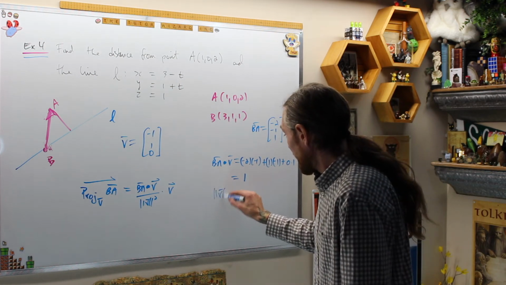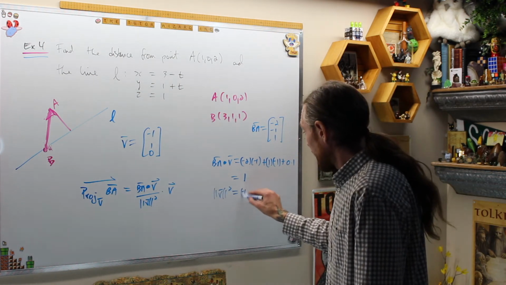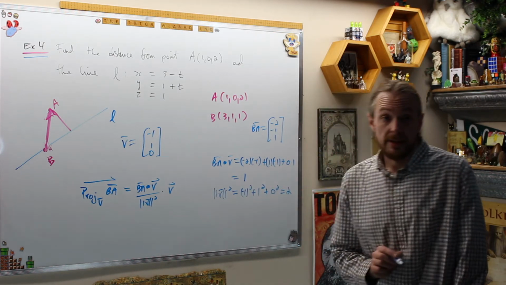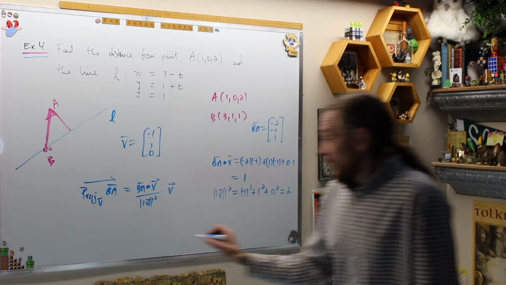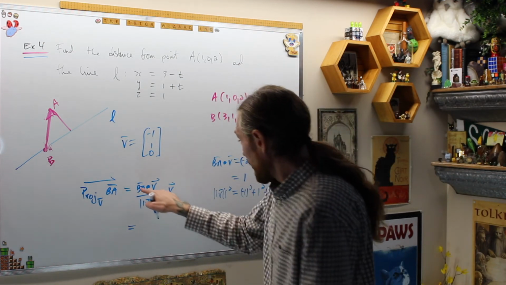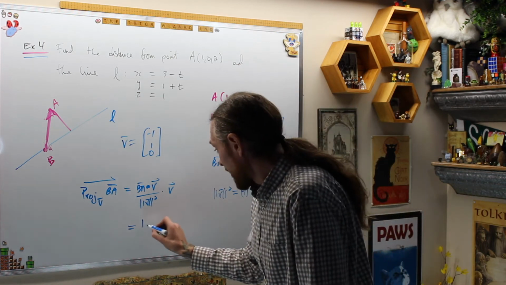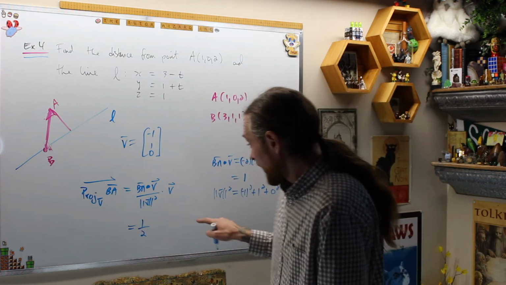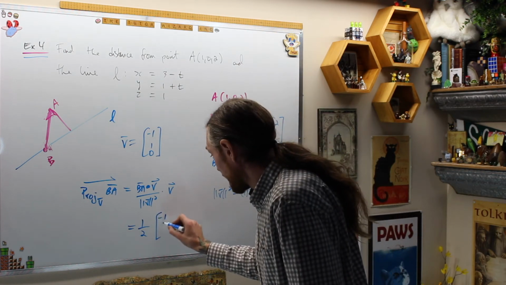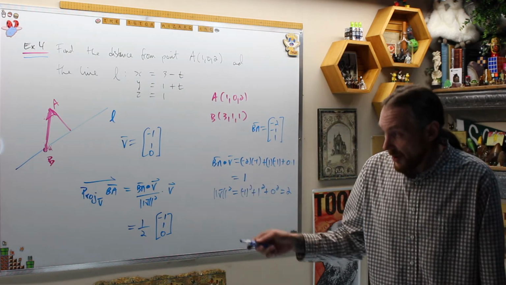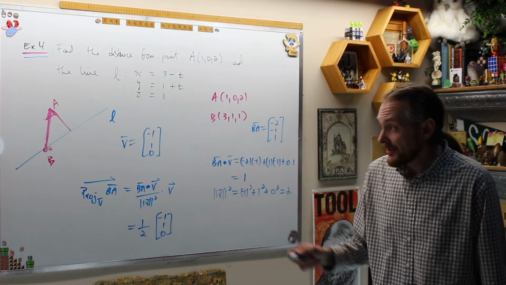The norm of V squared is going to be negative 1 squared plus 1 squared plus 0 squared, which is 2. Therefore, the projection of BA onto V is going to be BA dot V, which was 1, over the norm of V squared, which is 2, times V, which is (-1, 1, 0). That is the orthogonal projection of BA onto V, but that's not the vector we want.